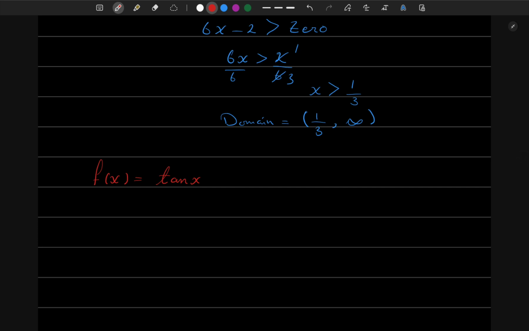It doesn't have a denominator and there are no square roots, so I can say that the domain is just R. Correct? No. Actually, tan x is a fraction, because we know that tan x equals sine x divided by cosine x.